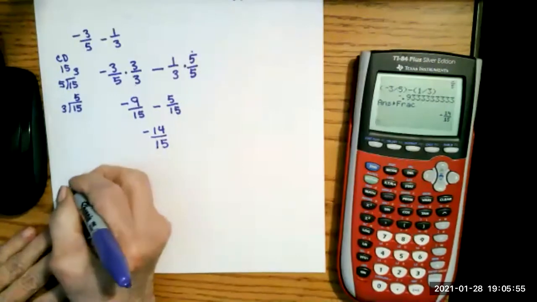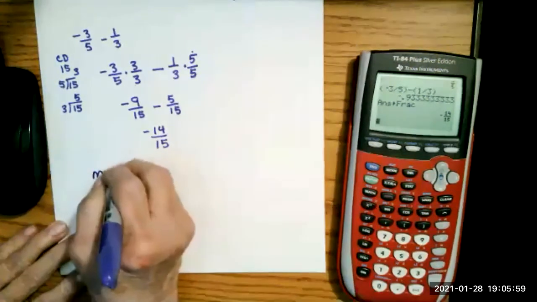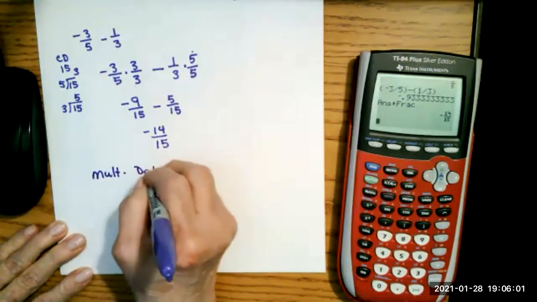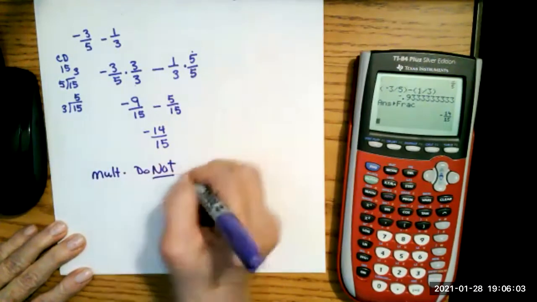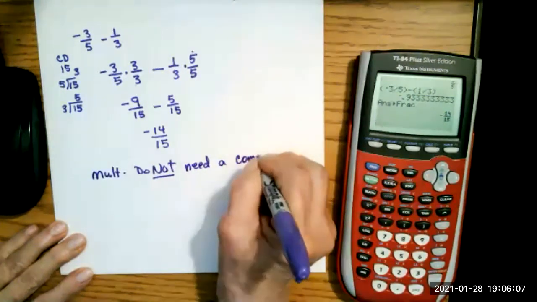All right, number 3 on this one is multiplying fractions. When you multiply, you do not need a common denominator. That's something that people forget.